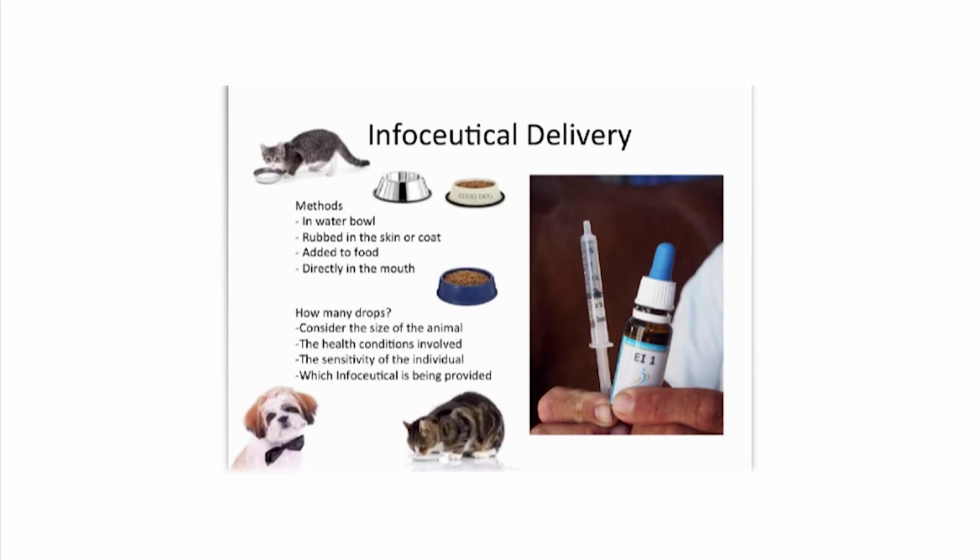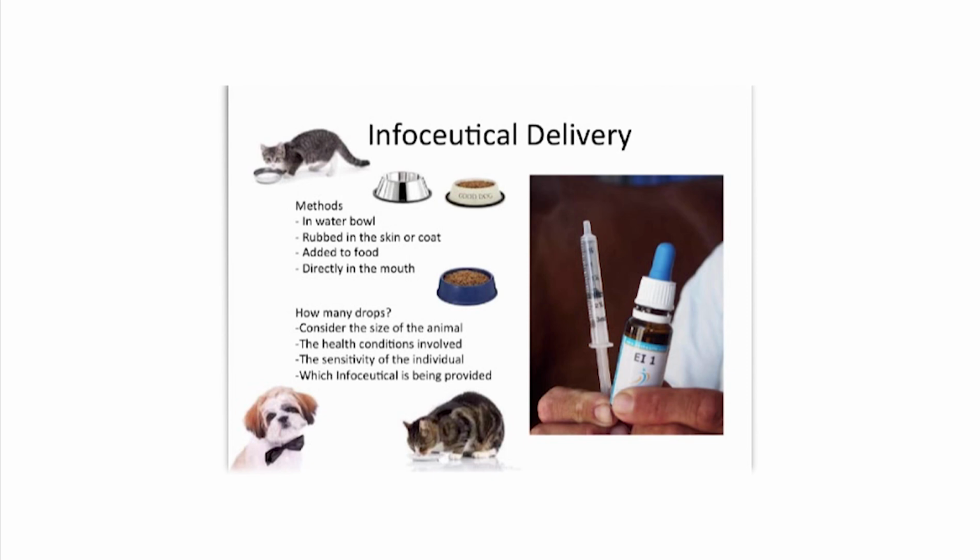Now, how many drops? Well, the smaller the animal, the smaller number of drops we tend to provide. With a horse, we've been providing up to 2 millilitres a day, and that seems to be a very good amount as far as the info-ceutical will last about 10 days if they're treated once a day, and giving the information time to settle into the field.